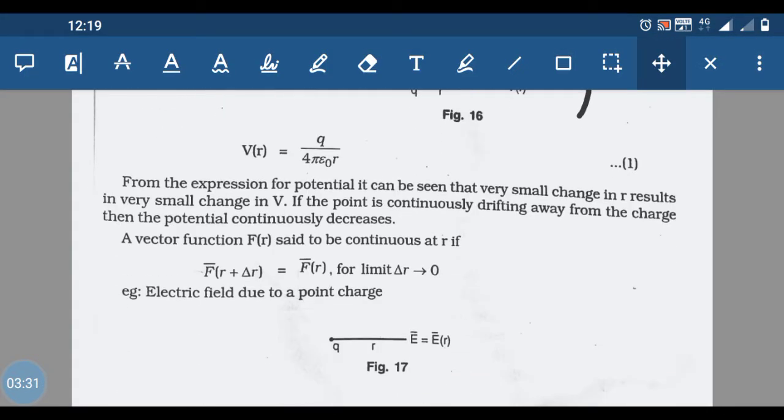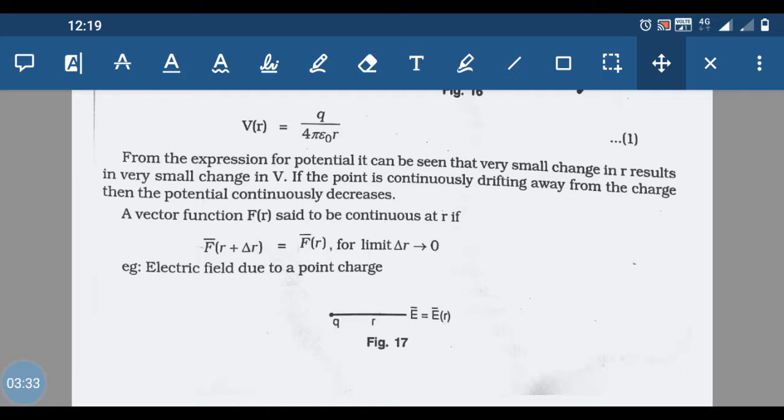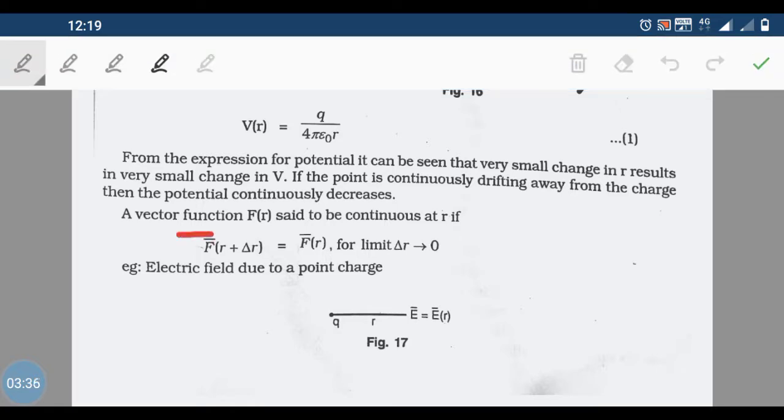Similarly, a vector function f of r is said to be continuous if f of r plus delta r is equal to f of r for limit delta r tends to 0.